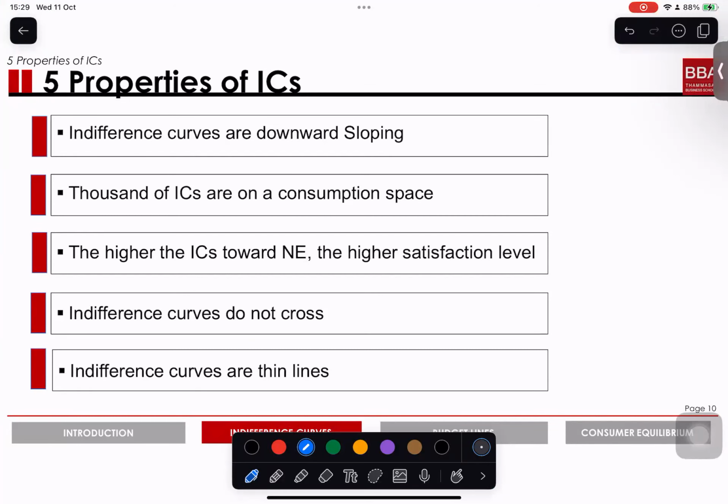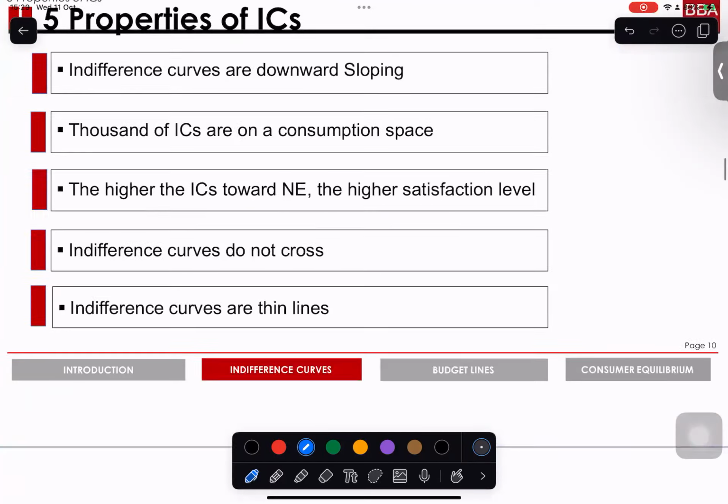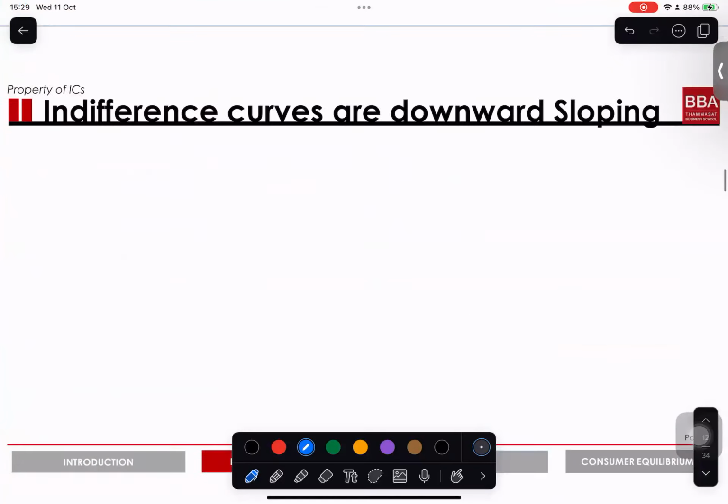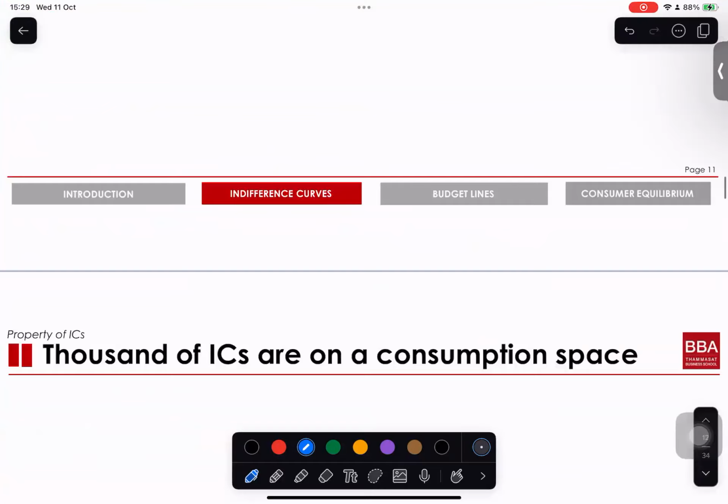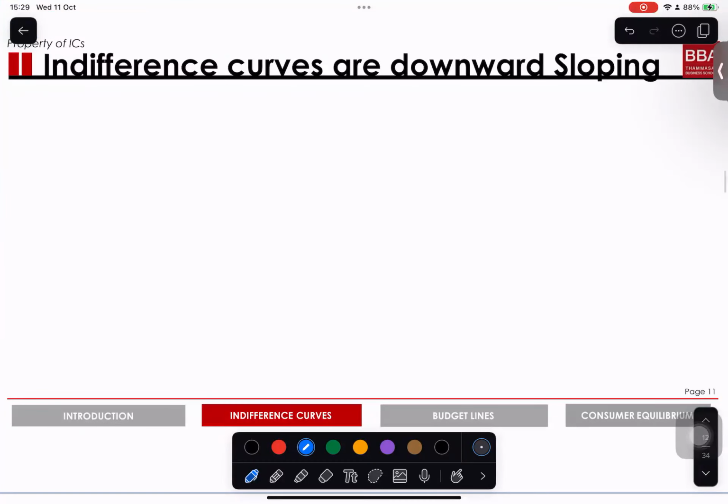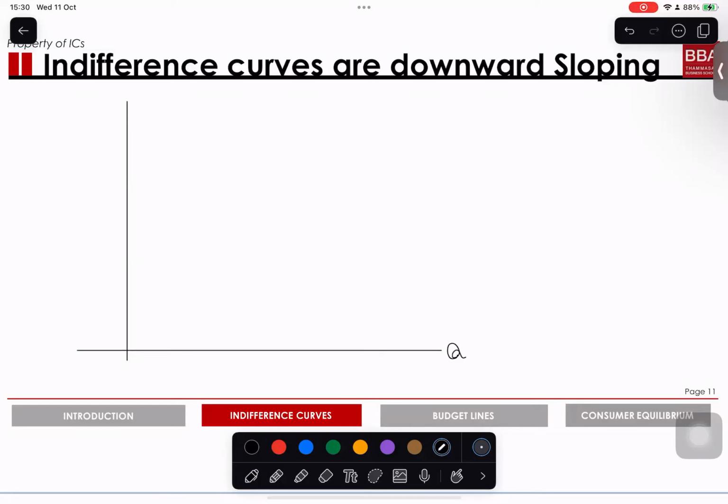Next is properties of indifference curves. Indifference curves are downward sloping.